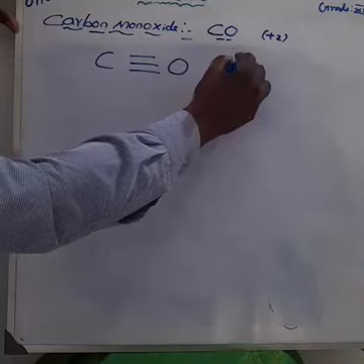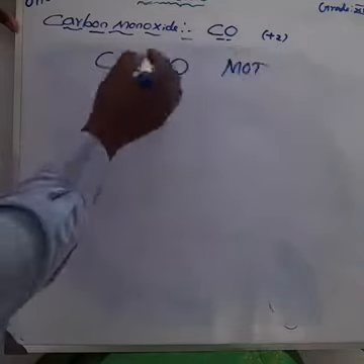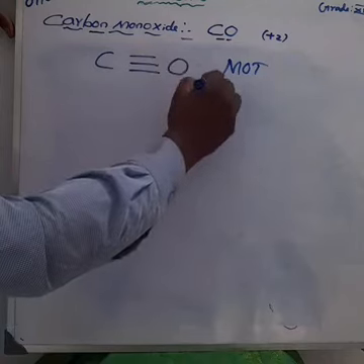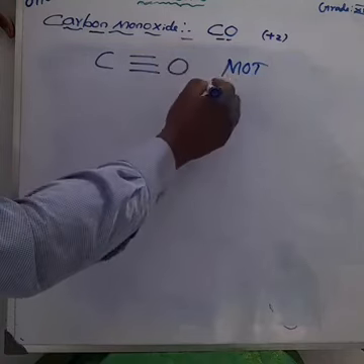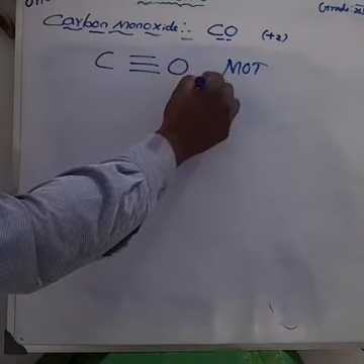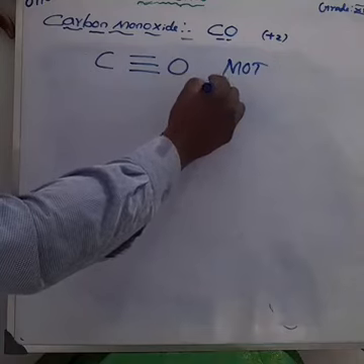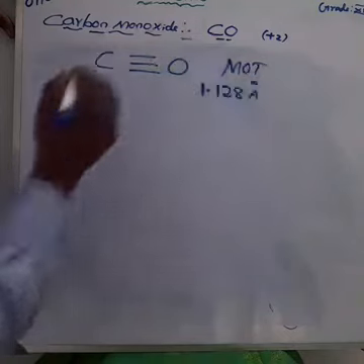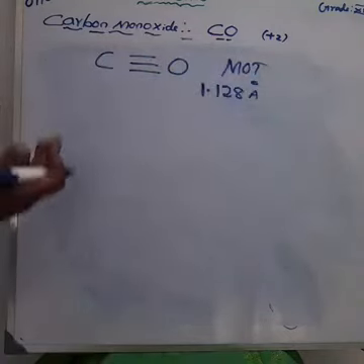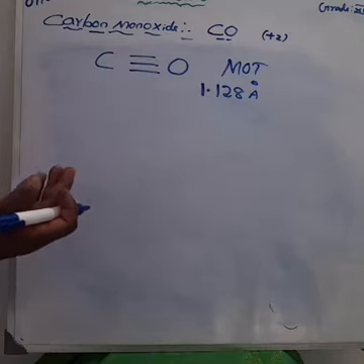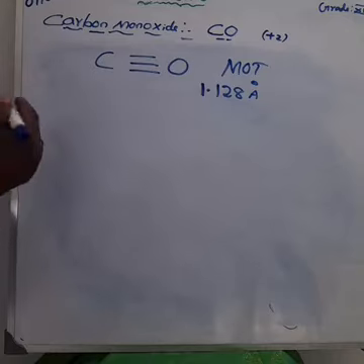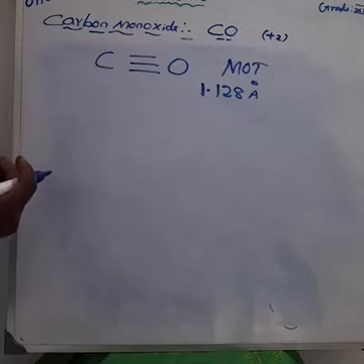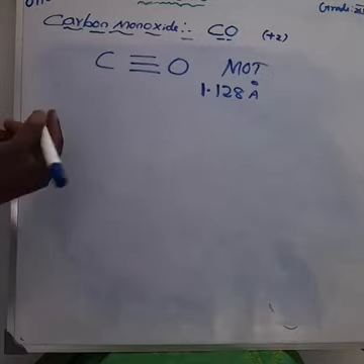What is the bond distance, the bond length, of carbon and oxygen? It is 1.128 angstrom. Carbon monoxide has many resonance hybrids, but we write only 2 or 3 forms, which are the canonical forms.